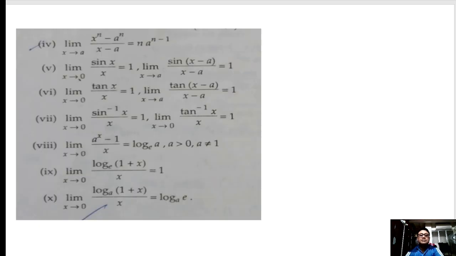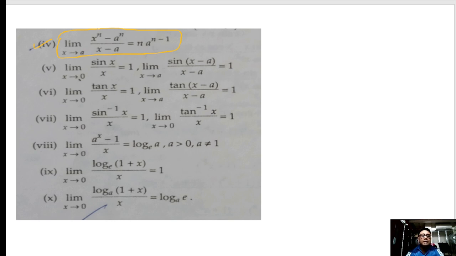Before starting the chapter, you first have to know certain important formulas regarding limits. The first formula is: limit x tends to a, (x to the power n minus a to the power n) by (x minus a) is n times a to the power n minus 1.